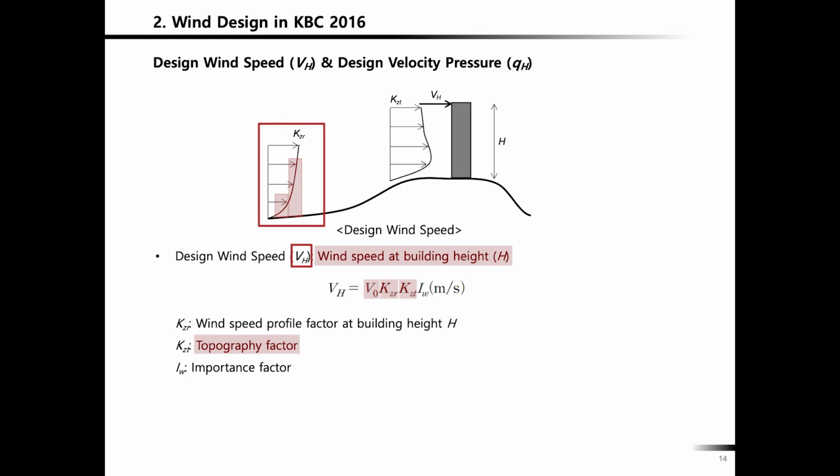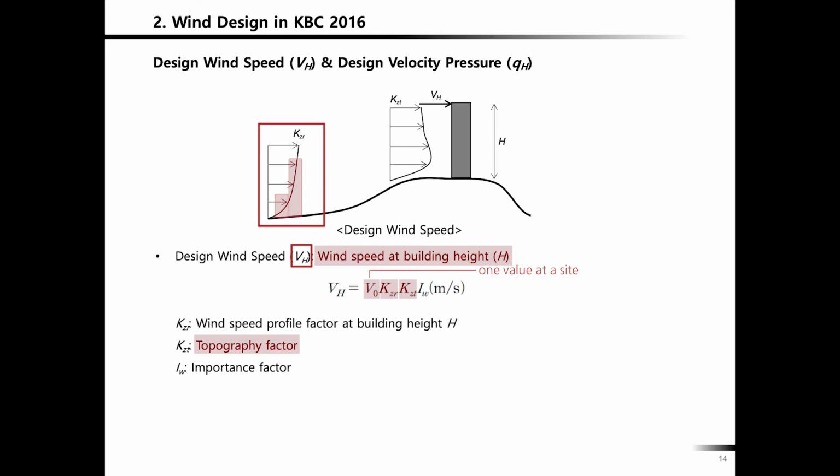KZR is just the wind speed profile. So KZR times V0 is really the profile. V0 is not the profile. V0 is one value at a site.